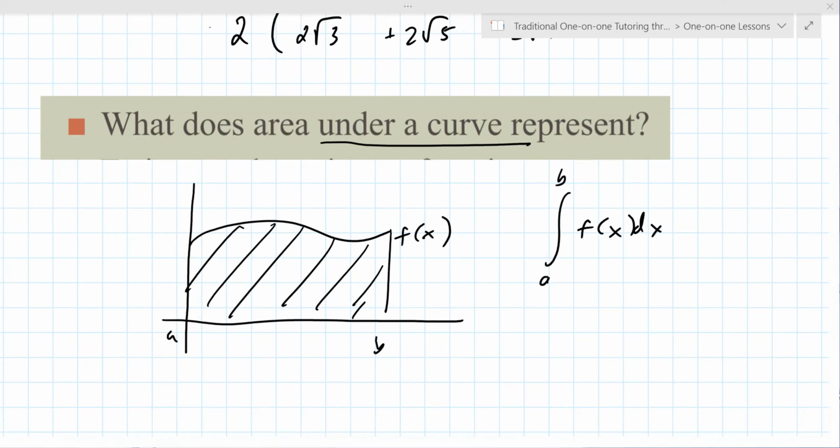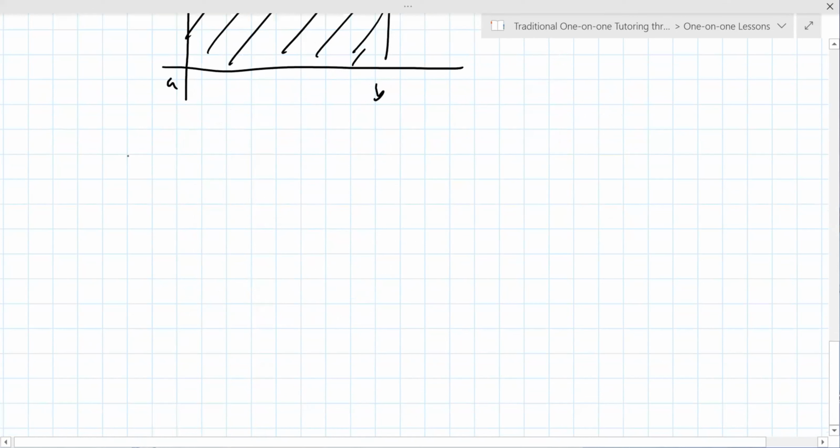Right. That's one. But let's say I gave you a table. Let's do a different example. Let's do liters per minute of a pool draining out.